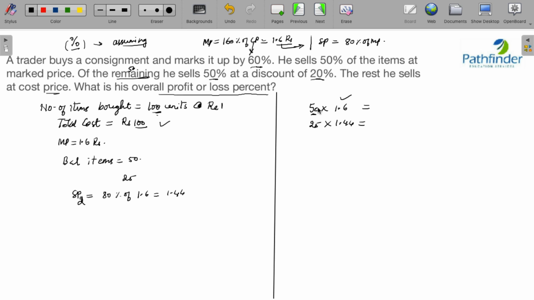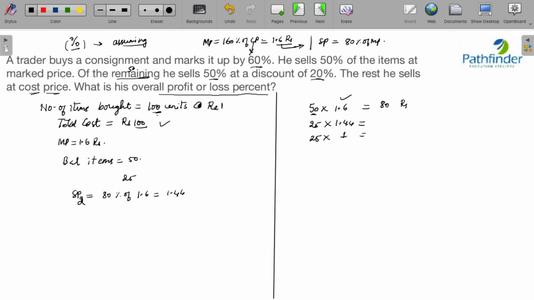So once the 75 items are sold, how many remain? 25 are balance. And the rest he sells at cost price. These are sold at the cost price. So you calculate the money received by him, 80. And then 25 are sold for how much?